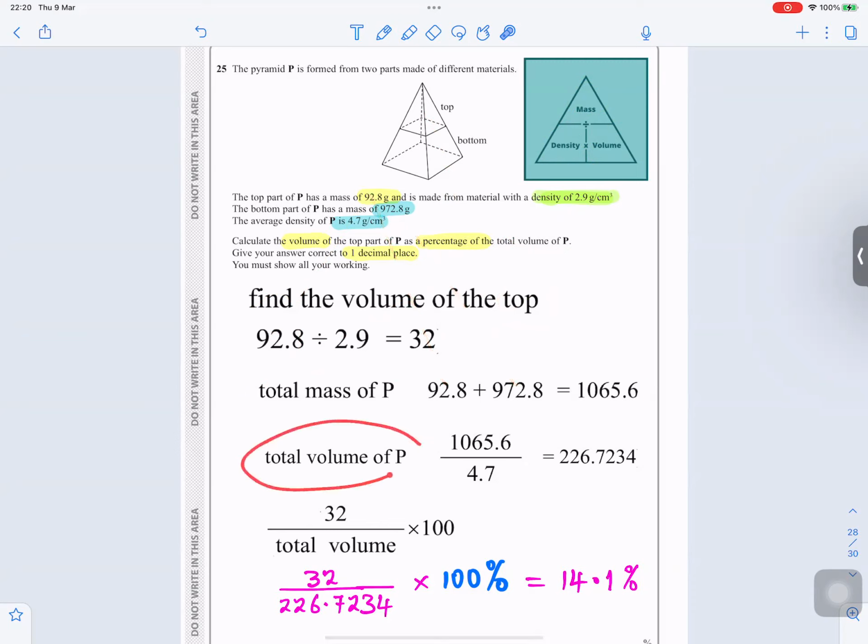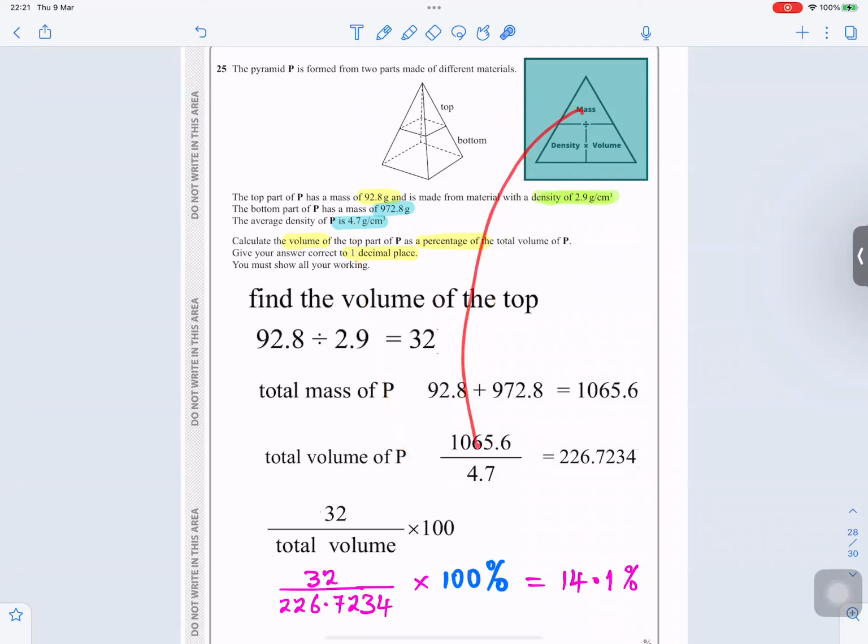The total volume of P. And then what we want to do now is we have 32 divided by the total volume times 100. So the volume is given by the mass divided by the density.